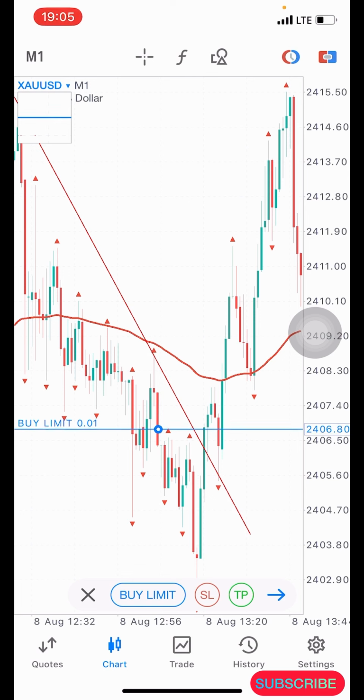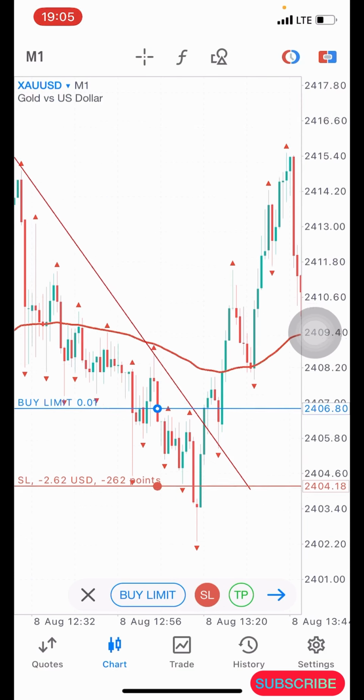Now, for example, this is where we take our buy from, and the stop loss is going to be below the structure. You set the stop loss according to your risk management, according to the type of risk you are willing to take.